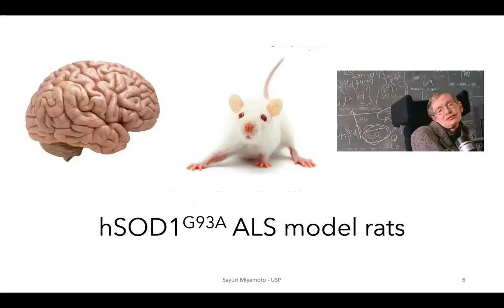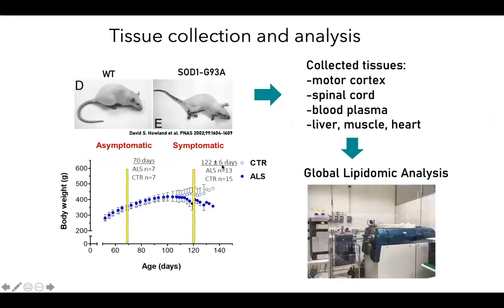For the ALS rat model that we have in our facility, we have the wild type and the ALS transgenic rats. We collect samples in two stages: before symptoms, the asymptomatic group, and after the onset of the symptoms, which appears around 120 days.